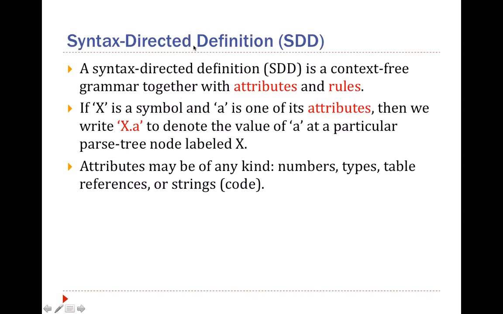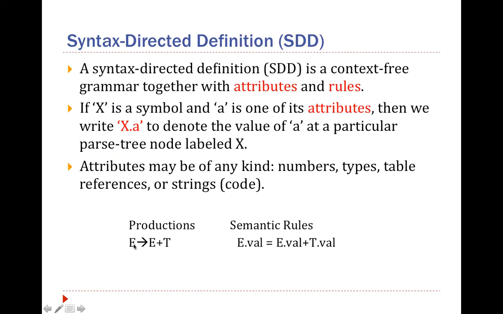Syntax directed definition is a context-free grammar along with attributes and rules. If A is an attribute for symbol or non-terminal X, then we write X.A to represent the value of A for the particular non-terminal X. Now, consider the grammar rule E gives E plus T, and this becomes the semantic rule, which says how to evaluate.